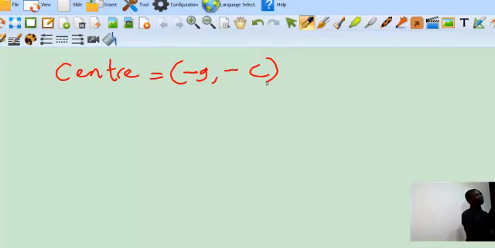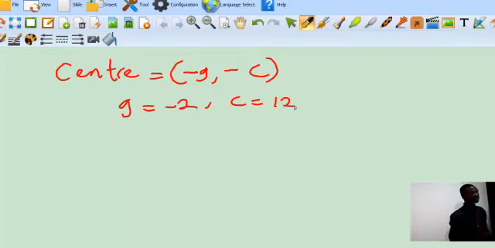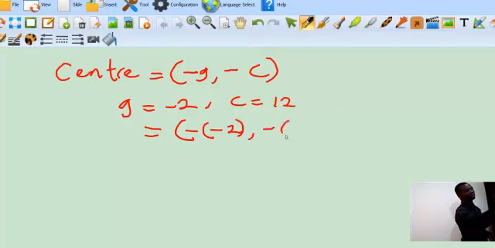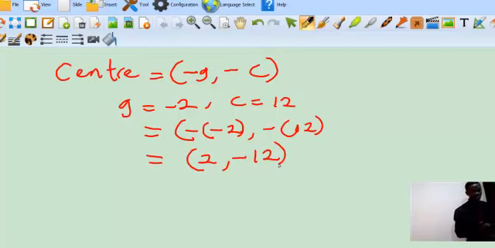Do not forget for our g we obtained minus 2, and for our f we obtained 3. So if you substitute these two into this formula, you have minus into minus 2, comma minus into 3. So at the end of the day, you arrive at 2, comma minus 3. So that's your center.